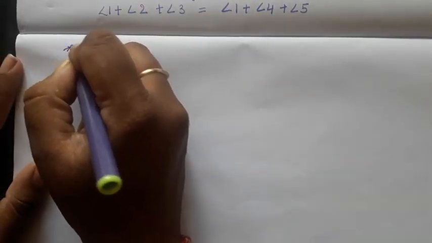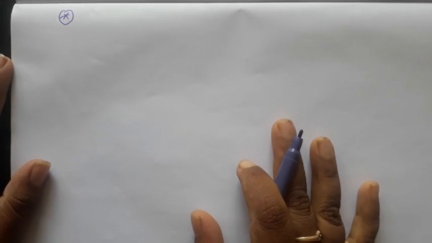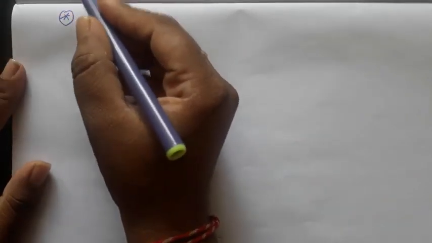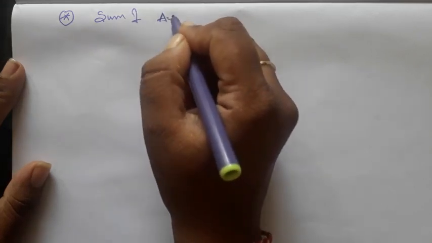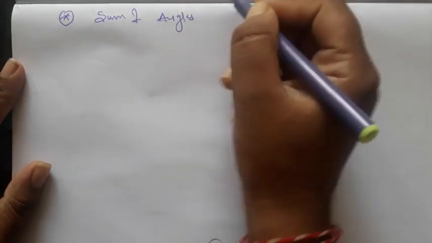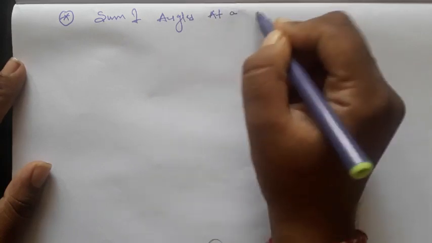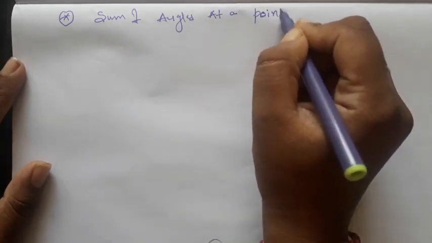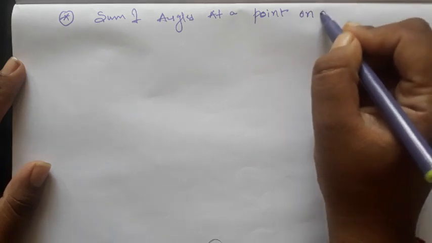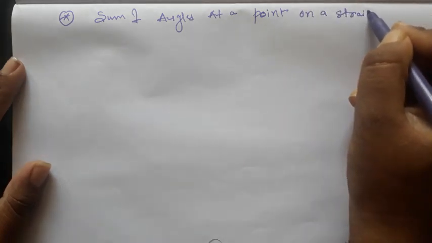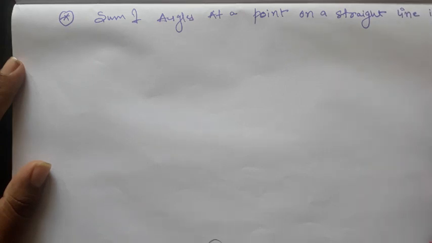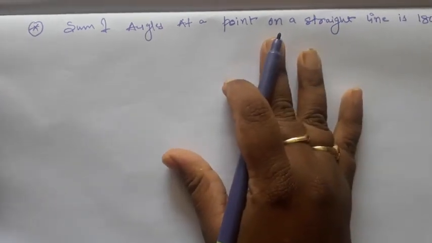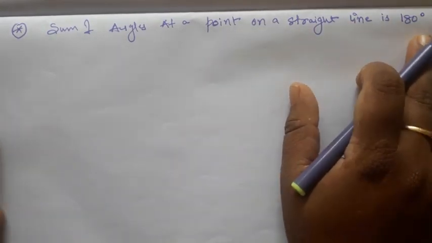and we know that the sum of angles at a point on a straight line is equal to 180 degrees.